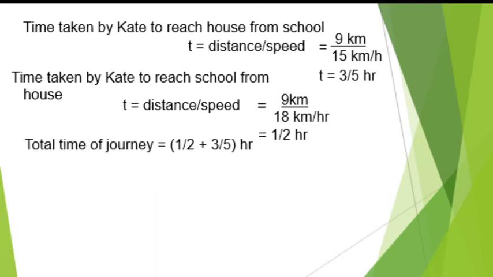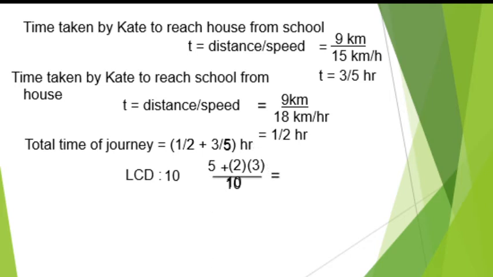So therefore, we can combine the time. So 1/2 plus 3/5. Let's get the LCD, and the LCD is 10. So 10 divided by 2 is equal to 5, and 10 divided by 5 is equal to 2, times 3 is equal to 6.